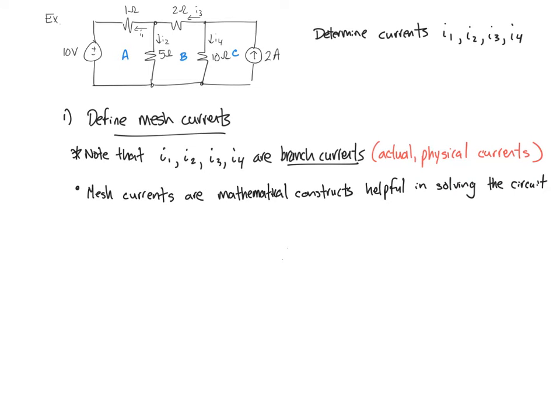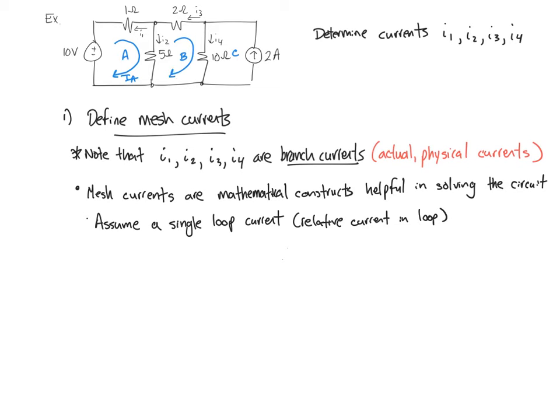What I mean by mesh currents is that they are currents that are just mathematical constructs helpful in solving the circuit. They're not physical currents. We think of these as single loop currents, in other words, the relative current in each mesh A, B, and C. For example, in mesh A, I might define mesh current I sub A. In B, I'll define mesh current I sub B, and I can pick any arbitrary direction.